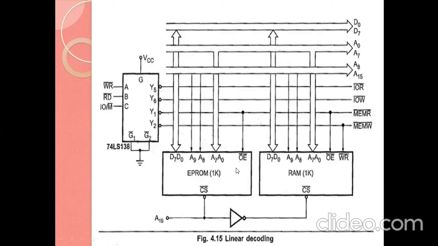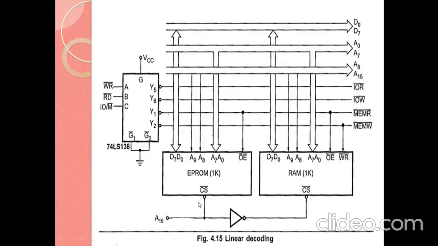But in the previous case, full decoding, all the higher address lines are used for selection of memory. Only one decoder is enough, whereas in normal full decoding, 2 decoders are used. The top decoder is used for selection of memory read operation and memory write operation.